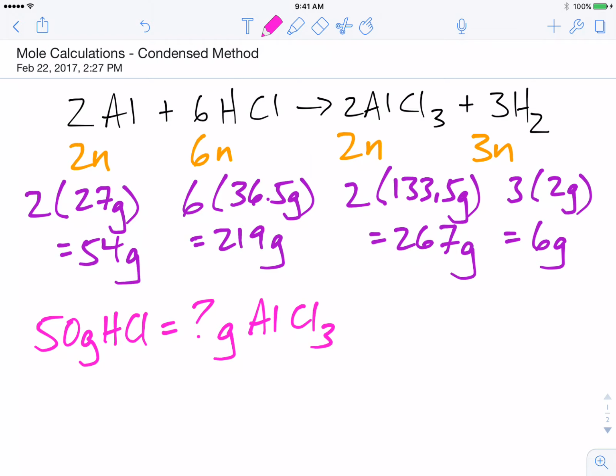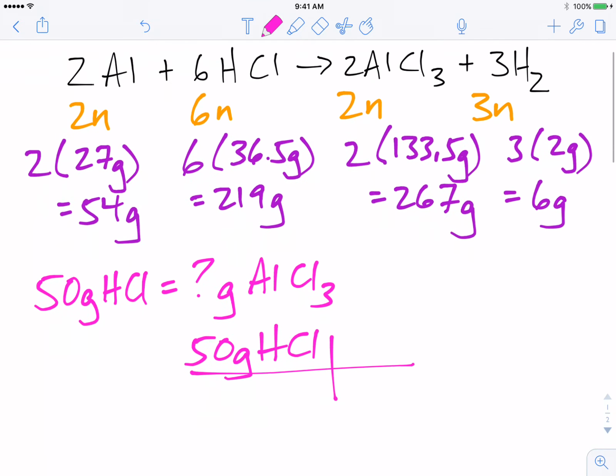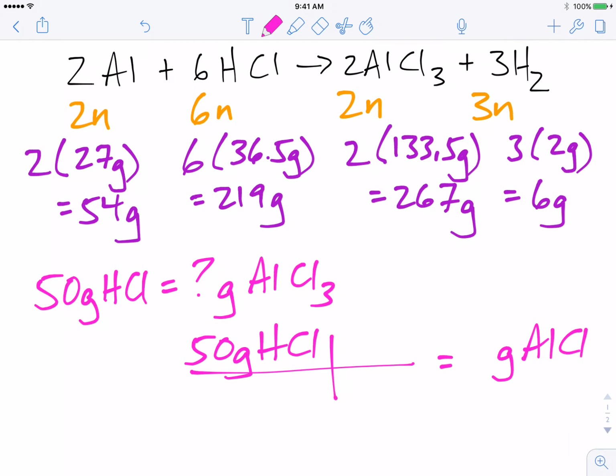Okay, so again, we're going to set this up in a one-step problem, and so we'll go 50 grams of HCl, and we want to know how many grams of AlCl3 that we would make. So we're going to have to put grams of HCl on the bottom, so those units cancel, and we'll put grams of AlCl3 on top.